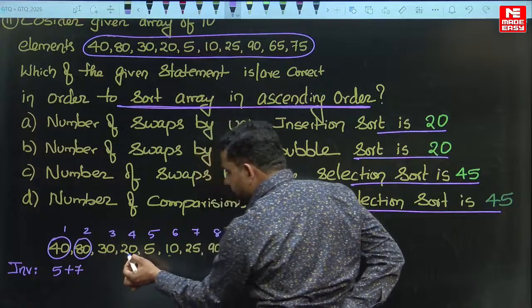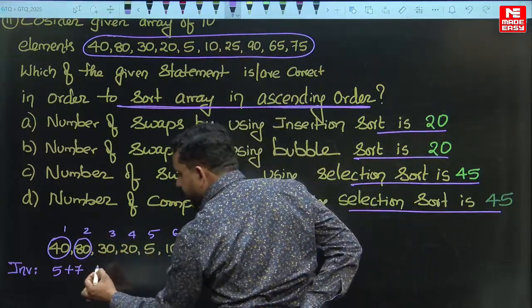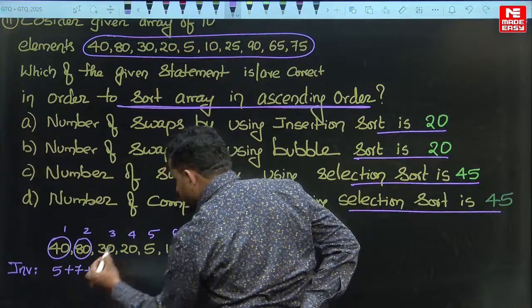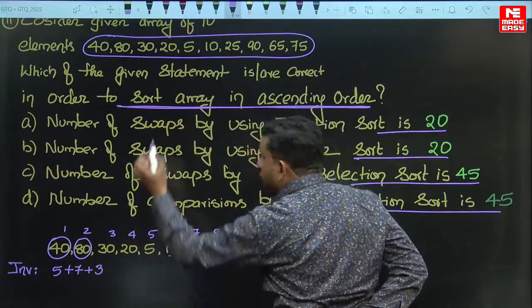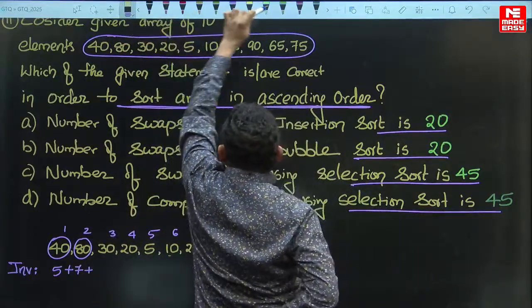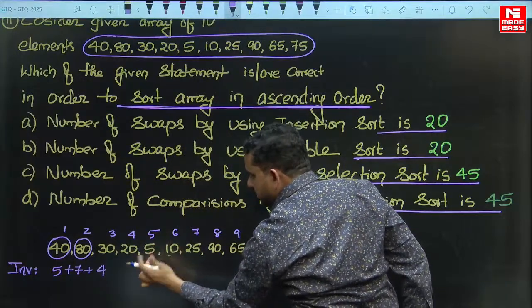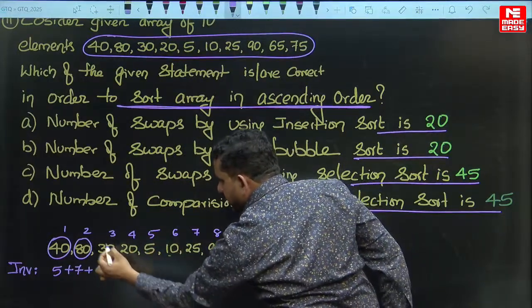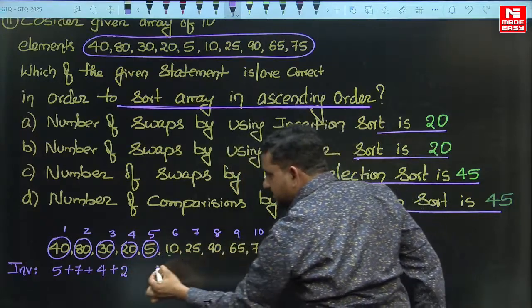For 30, 3 elements are smaller than 30, and 4 inversions including 25. So total 4 inversions for the element 30. For 20, 2 inversions. For 5, no inversion.